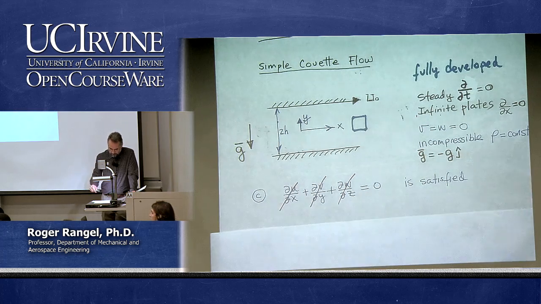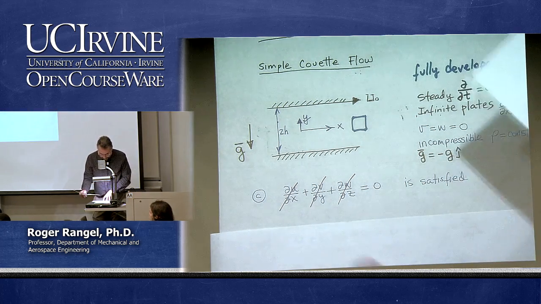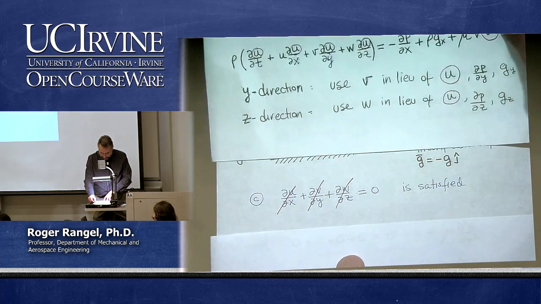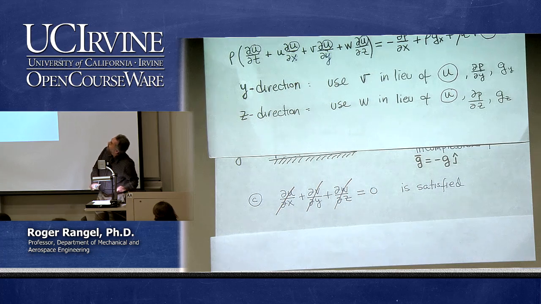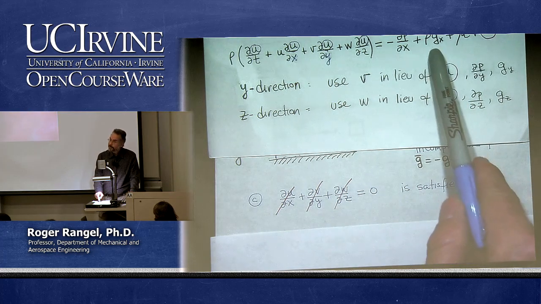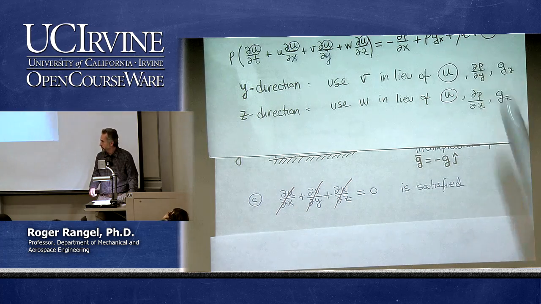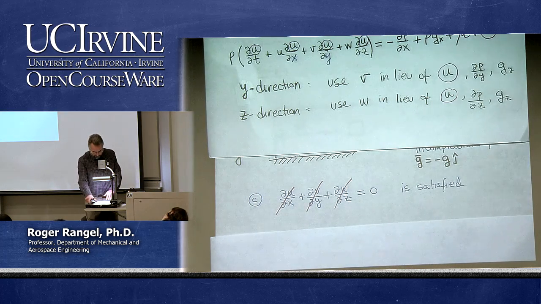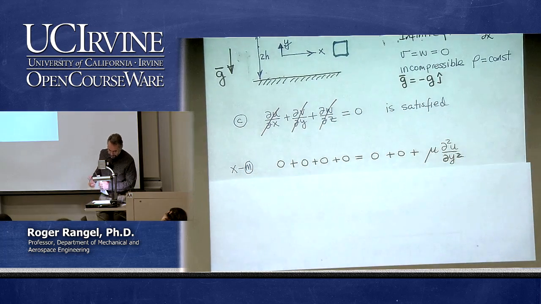There's no variation of that pressure. Okay, and then what else? Because I put the gravity in the y direction, this is 0. So it looks like the only thing that is left is precisely the viscous term that I want to take into account.